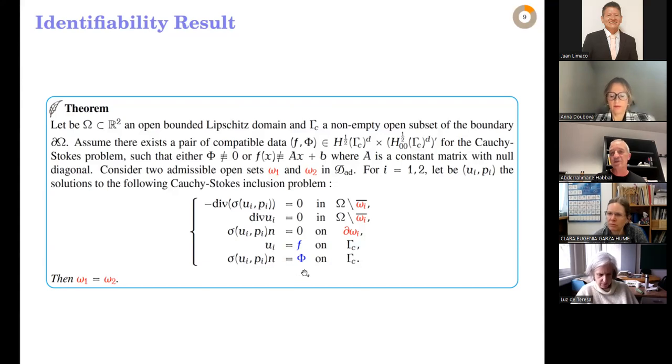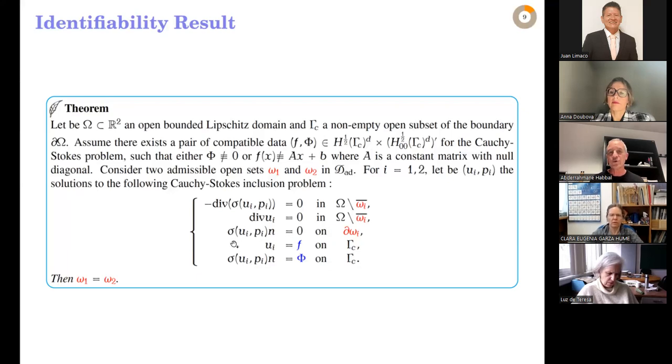Identifiability is known and was proved by Alvarez and others in the case of the boundary value problem. So we have Dirichlet or Neumann or pieces of them on all the boundary.